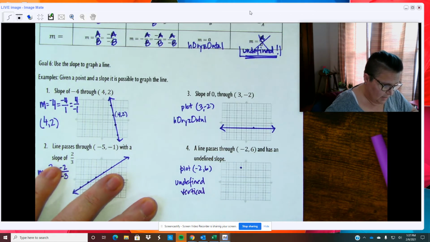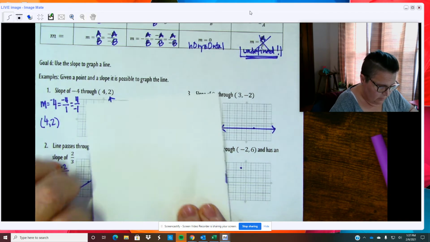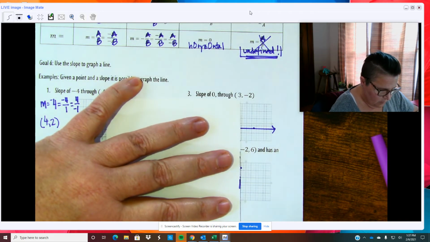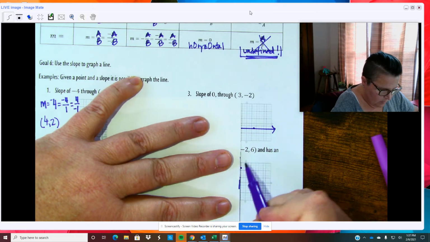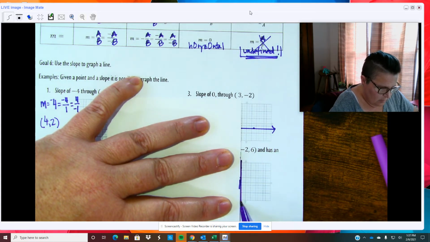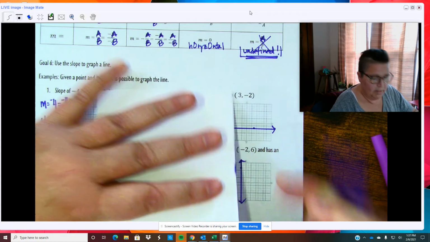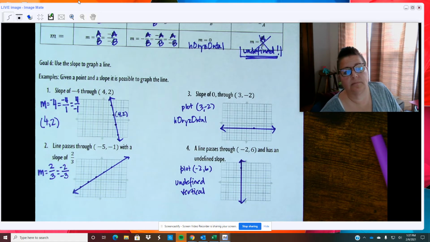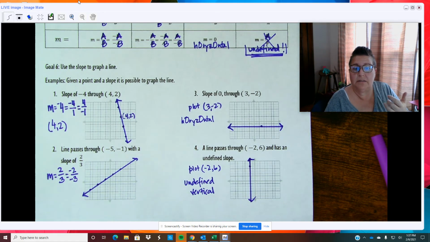That vertical line has to go through the point -2, 6. So it's going to go vertical, and I've got to go through that point. So anywhere on that line, I can plot a second point and draw the line. Okay? Positive slopes, negative slopes, 0 slopes, and undefined slopes.